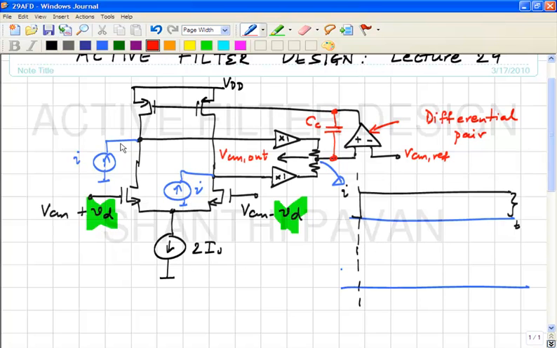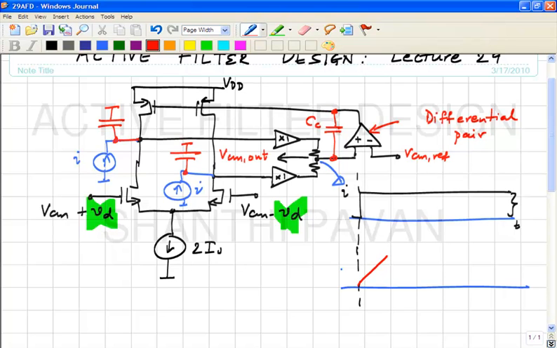So if I draw here the integrating capacitors, the ones shown here, if the feedback loop wasn't there at all, and I pump two currents, what will happen to the output common mode? It will tend to go up like a ramp, okay?